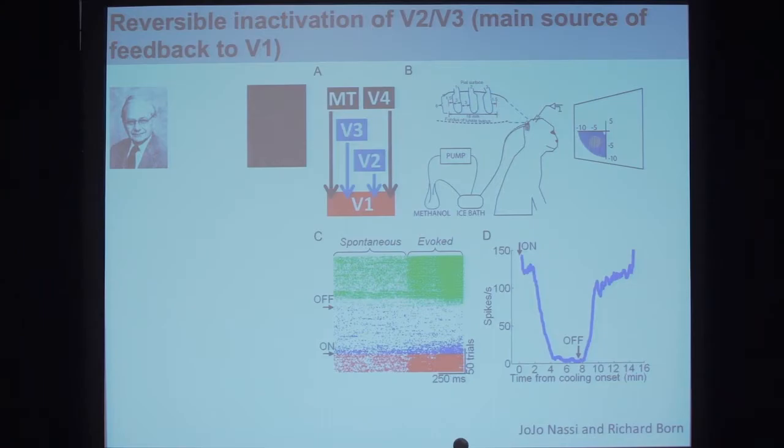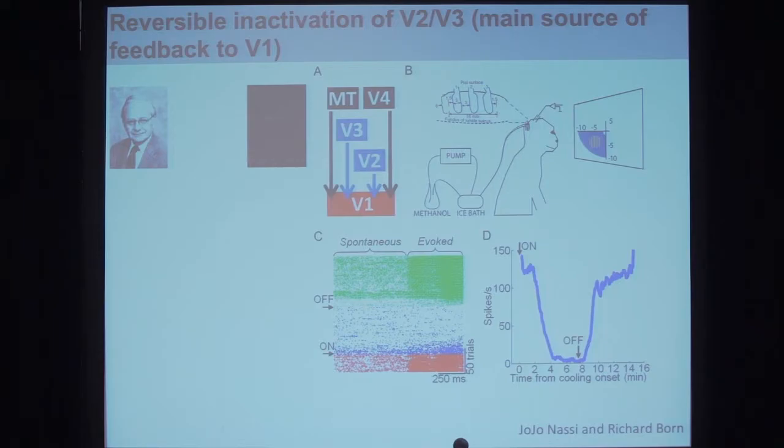So I'm going to show very quickly an experiment that was conducted by Rick Born at Harvard Medical School, essentially a few steps away from the laboratory that David Hubel used to do his recordings, where he used a cooling technique to lower the temperature in area V2, V3, which is the main source of feedback onto V1, and then examine the properties of neurons in primary visual cortex sans feedback, in the absence of this feedback signal.